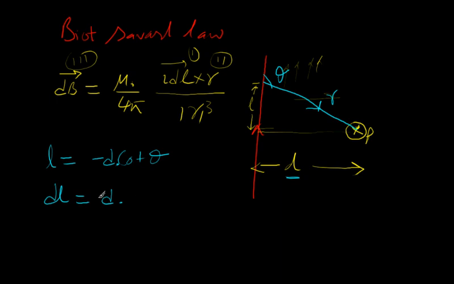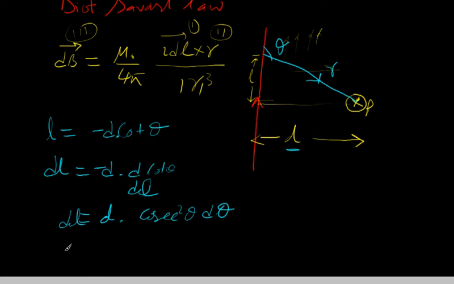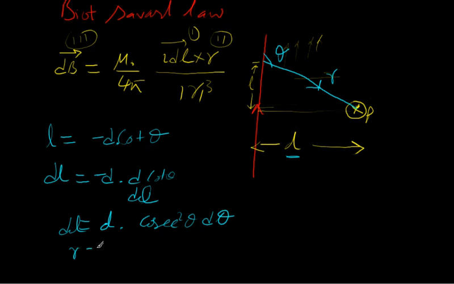This is minus D times the derivative of cot theta, which gives plus D cosec square theta d theta. So dL will be D cosec square theta d theta. And R will be equal to D cosec theta. This is a very important formula.